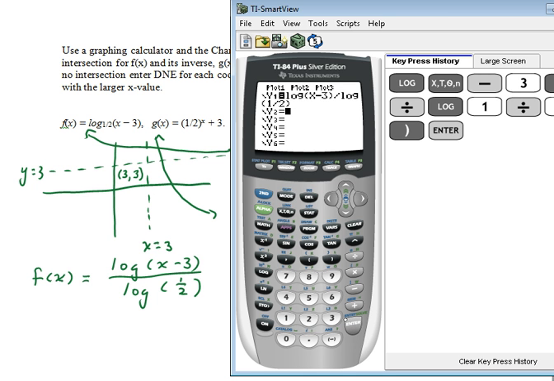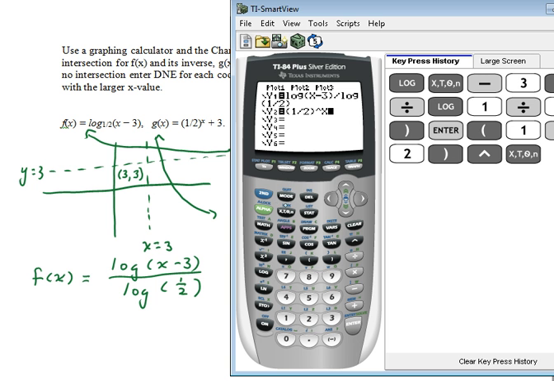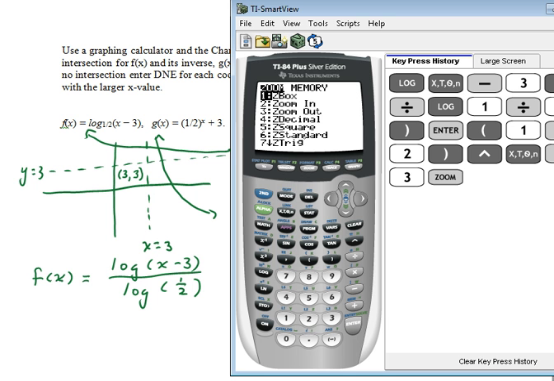This takes us to the second function, and so we'll open the parentheses, do 1 divided by 2, close the parentheses, caret x plus 3. Now we'll go graph, or zoom, 6 for the standard window.